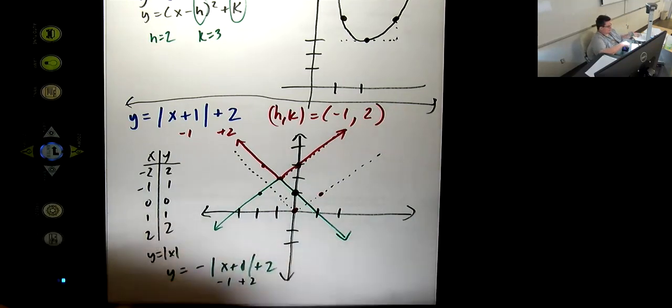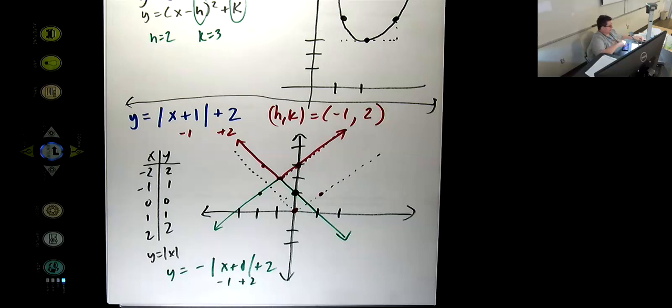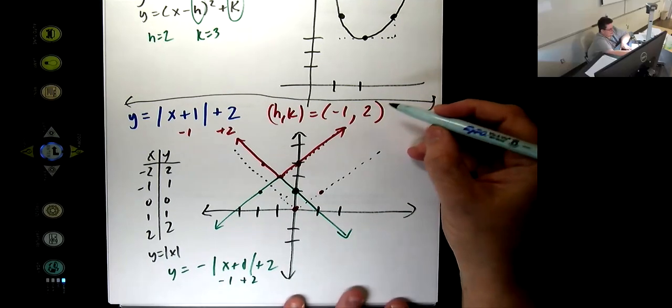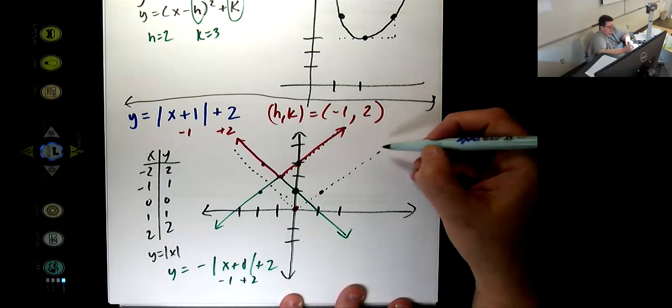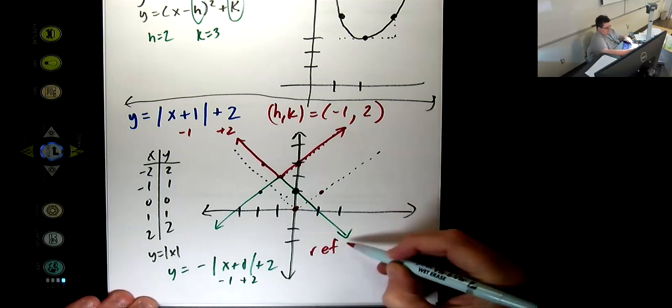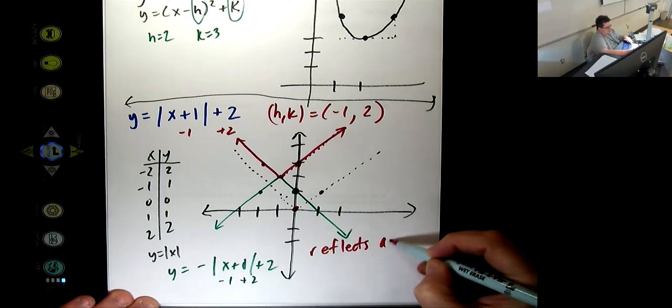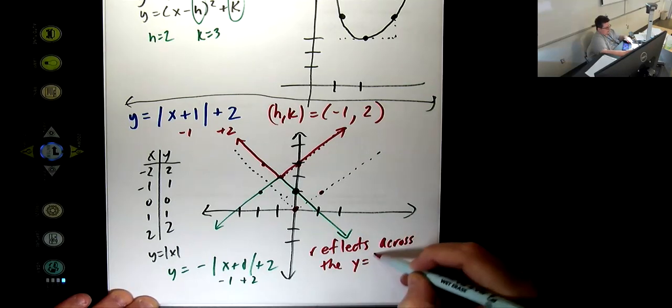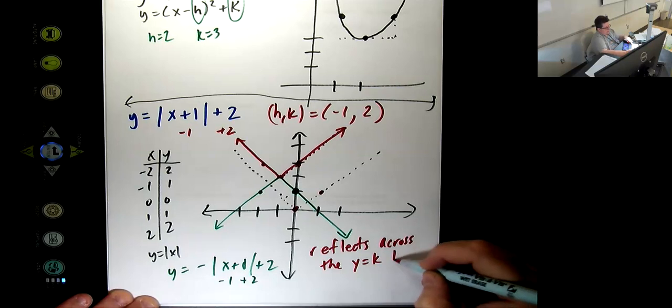So a better way of saying it is that reflections are not necessarily about the x-axis, but the negative out front reflects it across the y equals k line.